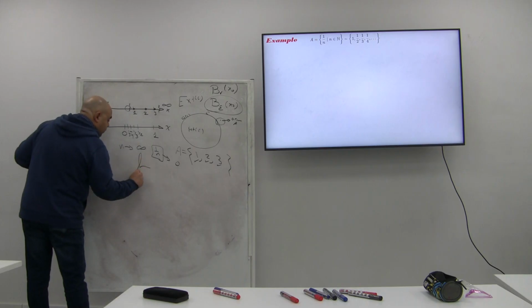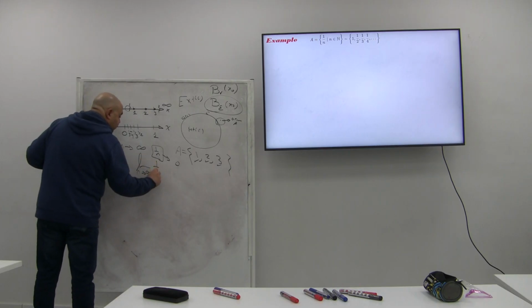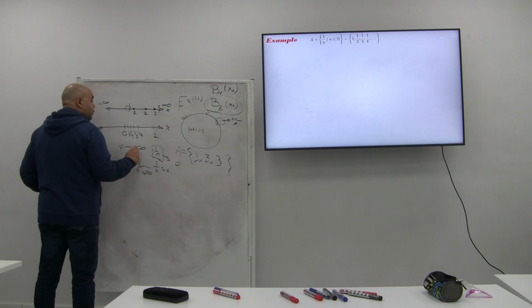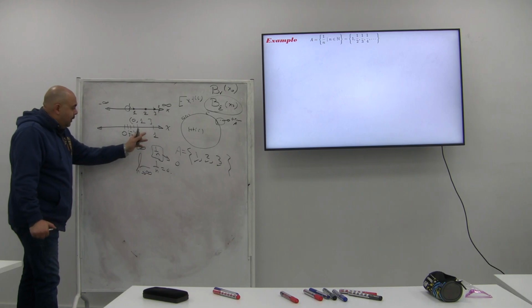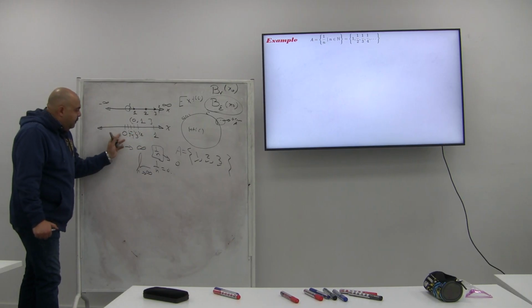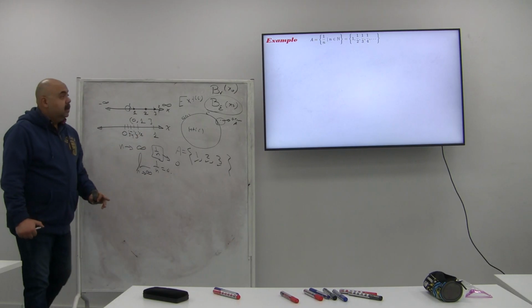So the limit as n tends to infinity of 1 over n is equal to 0. And all the elements of this set belong to the interval from 0, open, up to 1. So 0 is accumulated to this set.